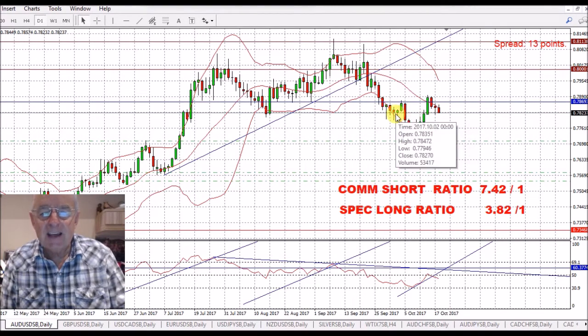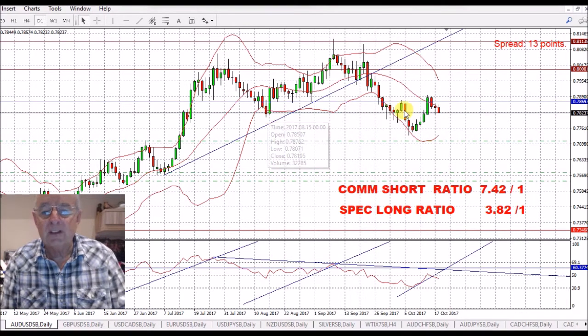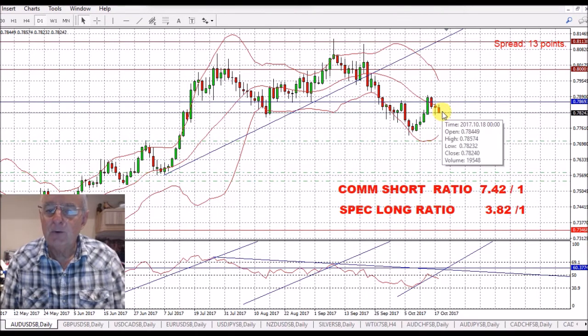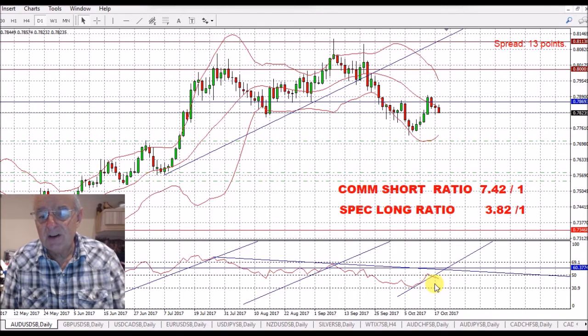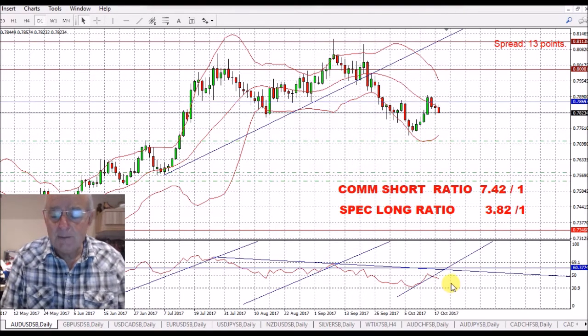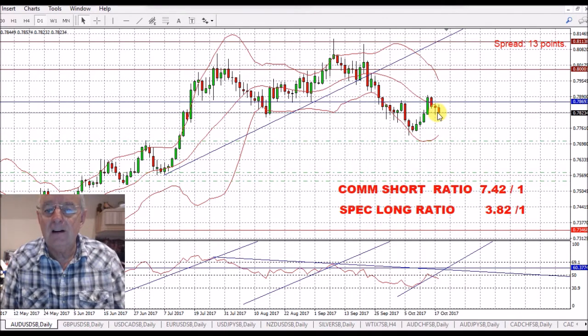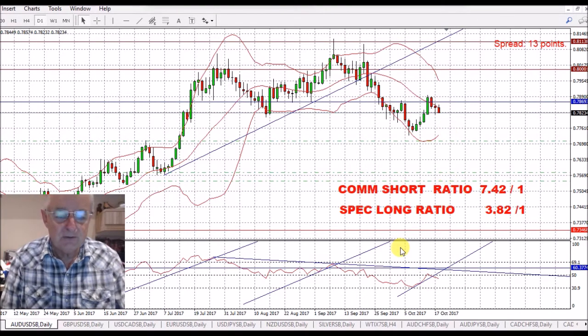We're now coming down onto a little bit of support here. Hopefully that'll break through, and we'll see a follow-on short with this. The RSI broke through the trend line a couple of days ago, so we'll see how it goes, but I'm thinking this should follow on through short.